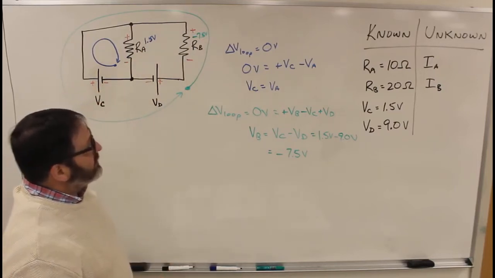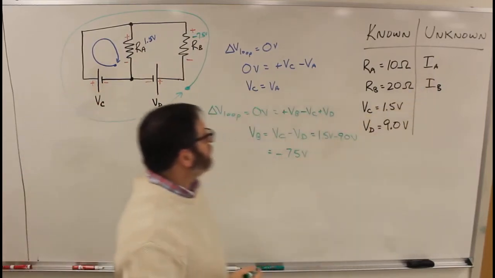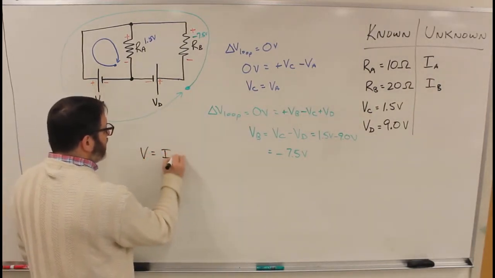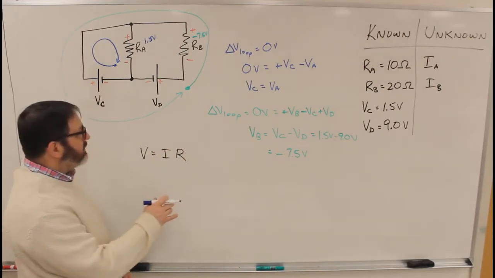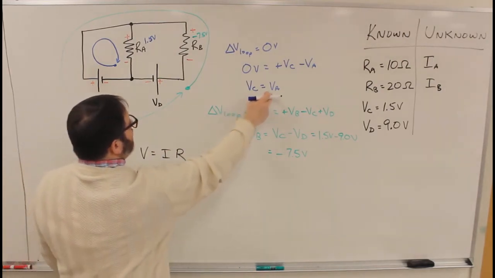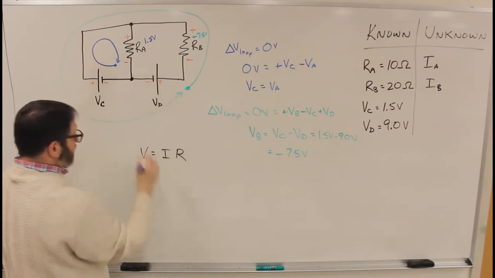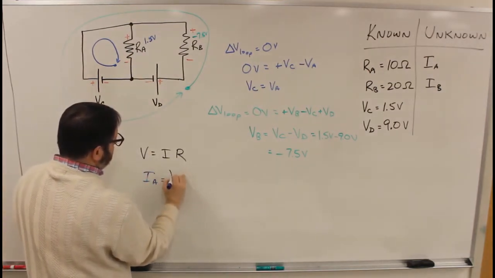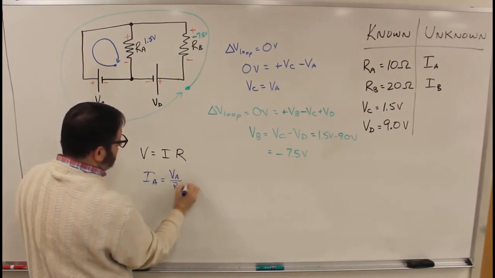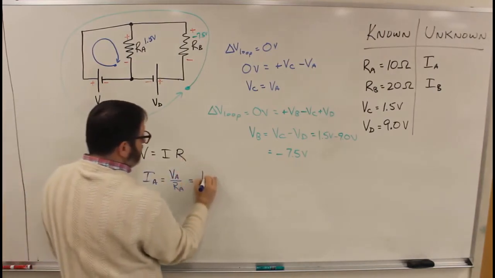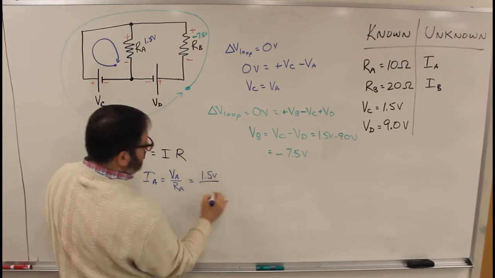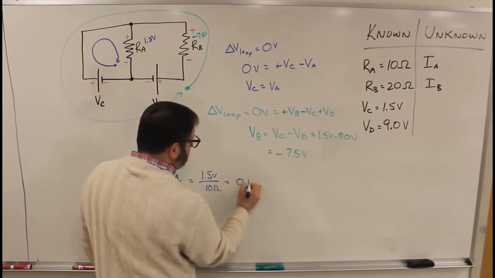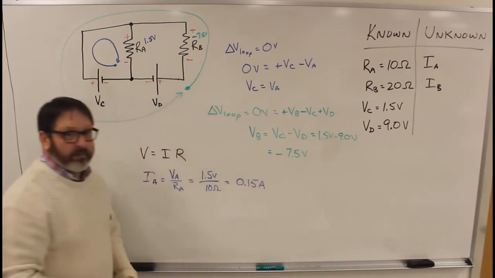Now all I have to do to find I for each of them, I use Ohm's law, V equals IR. Then I can rearrange this to say that for resistor A, IA equals VA over RA, which is 1.5 volts over 10 ohms, which is 0.15 amps.